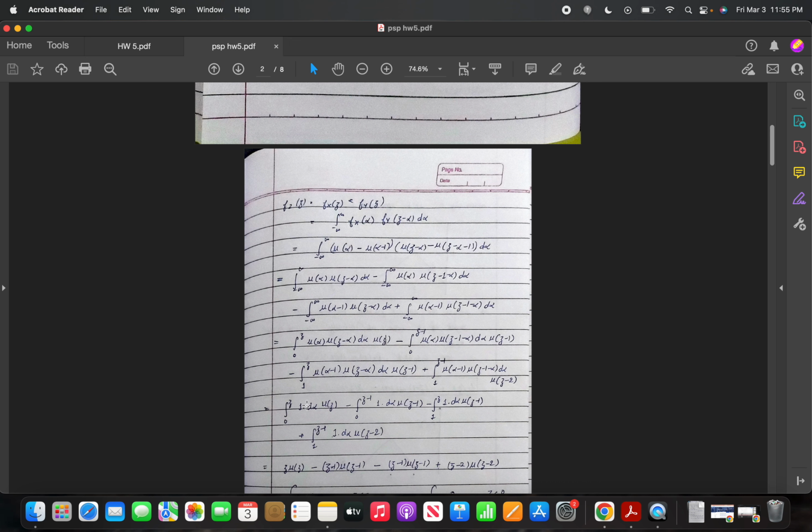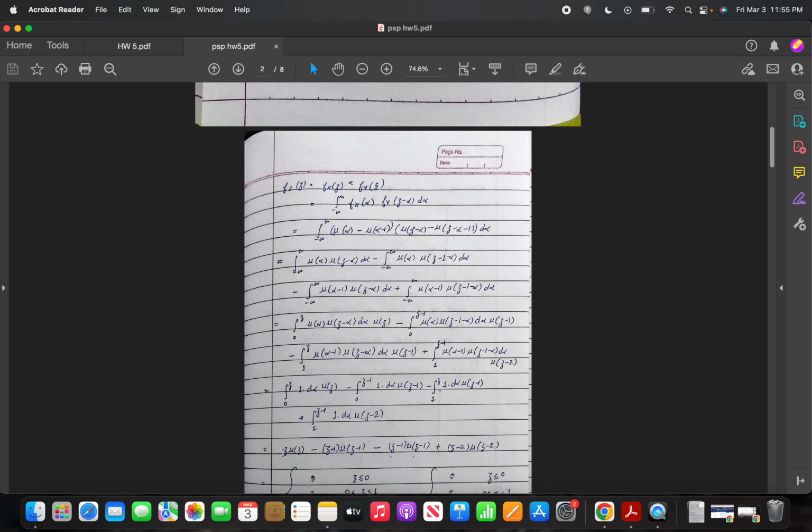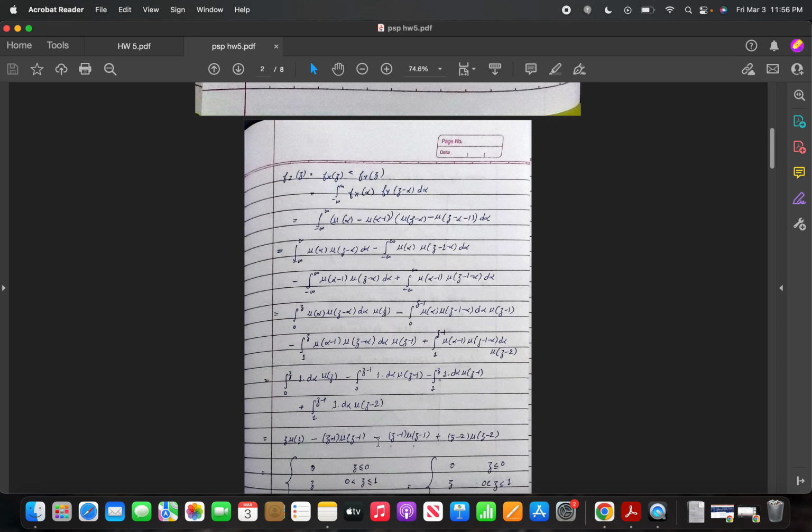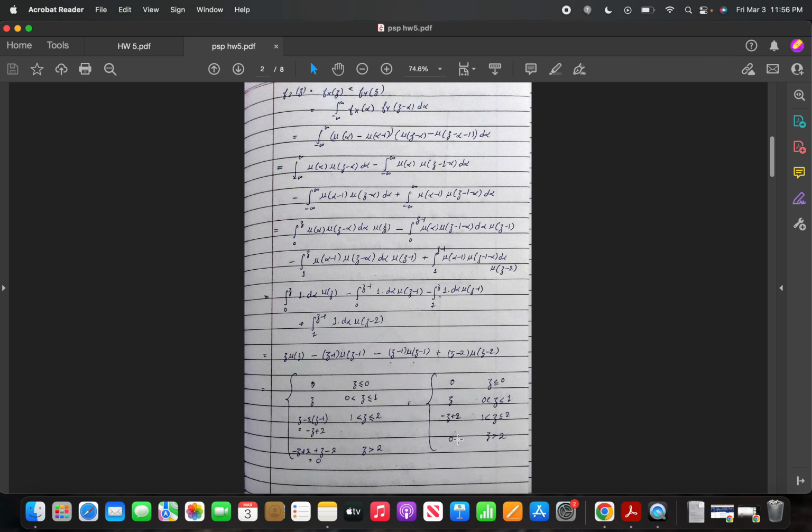Now when we calculate further, we can see that the first integral can be calculated as z times u of z minus 0, which is upper limit minus lower limit, minus for the second term it will be z minus 1, integral of 1 from 0 to z minus 1 will be z minus 1 times u of upper limit minus lower limit, and so on for the other terms.